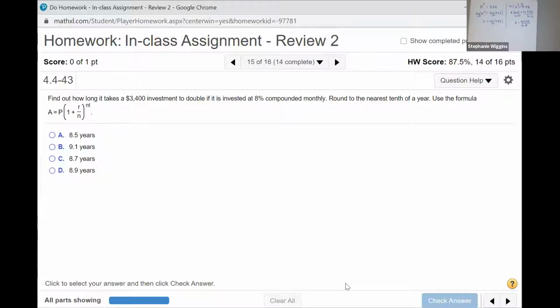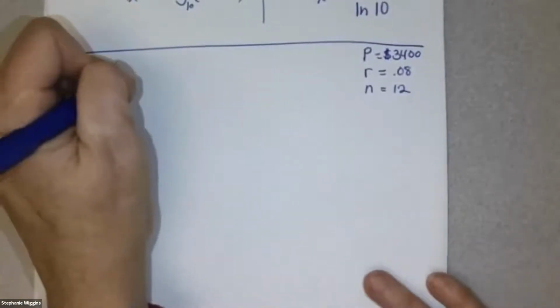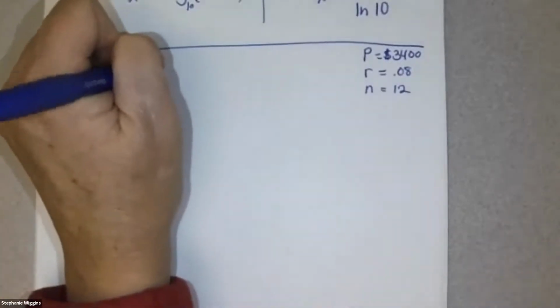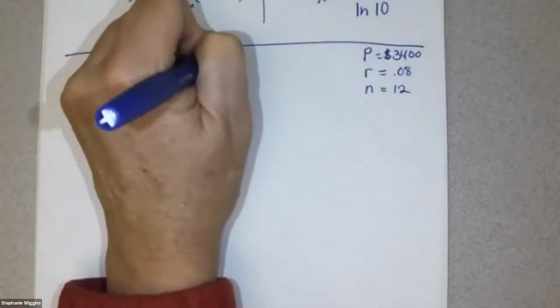So this formula, there are two formulas. Let me just write this down. There's this one, A equals P times 1 plus r over n to the nt.